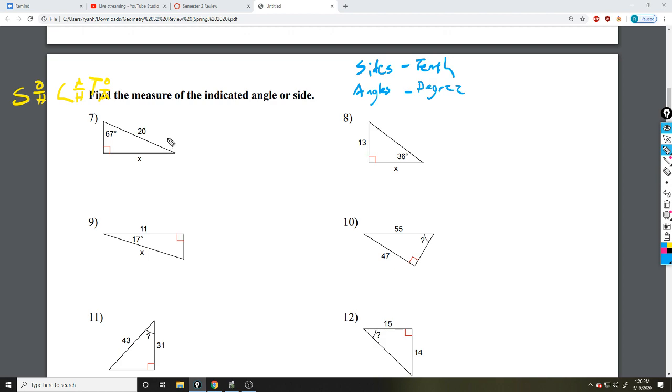So we're going to start by figuring out which trig ratio you're going to use. I'll give you about 1 minute, and while I grab some water, I want you to think about what trig ratio you should use on each of these.